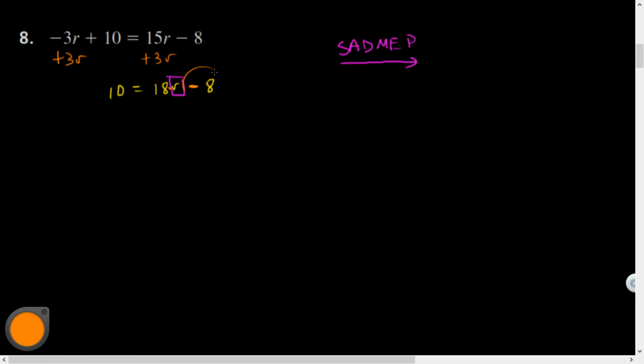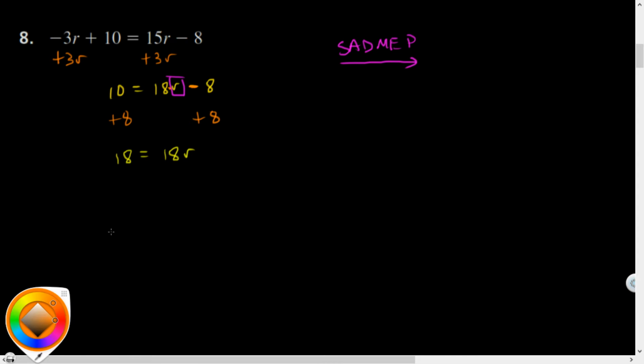So the inverse of subtracting 8 would be to add 8. 10 plus 8 is 18. Equal sign. Bring it around town. Equals 18r.